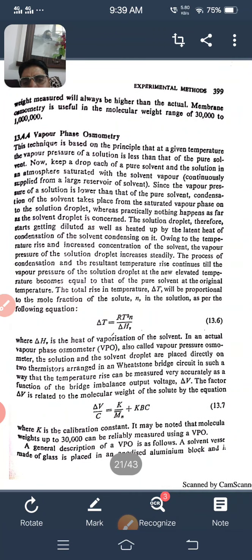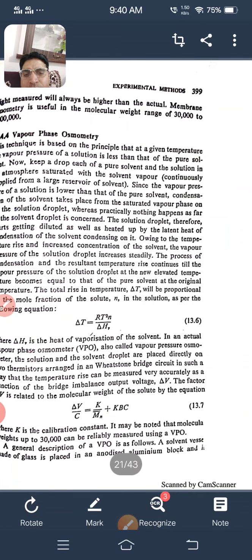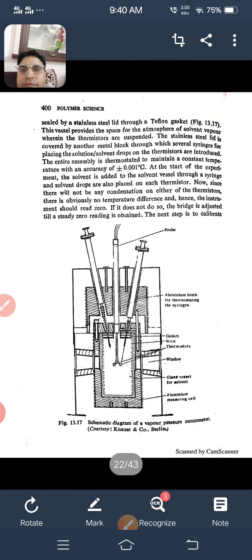A general description of VPO is as follows. A solvent vessel made of glass is placed in an anodized aluminum block and sealed by the stainless steel lid through a Teflon gasket, according to the figure below.